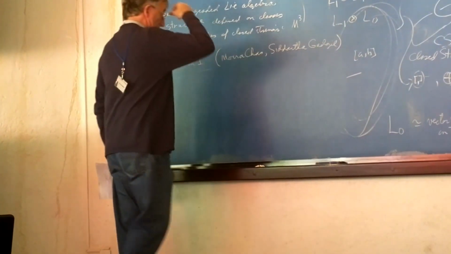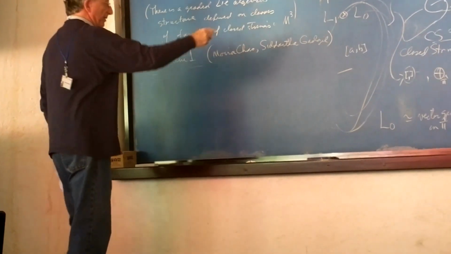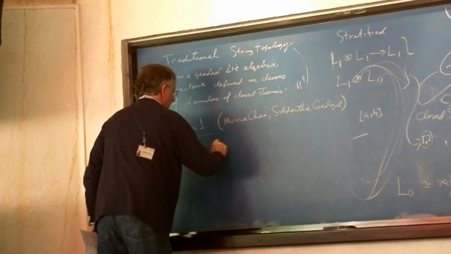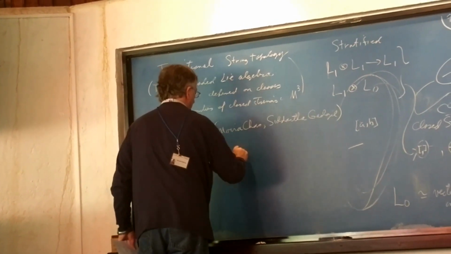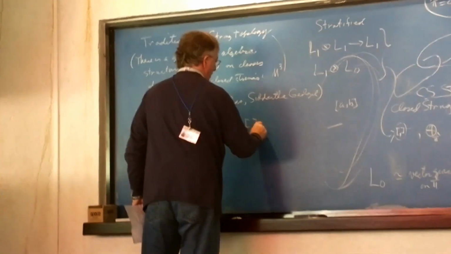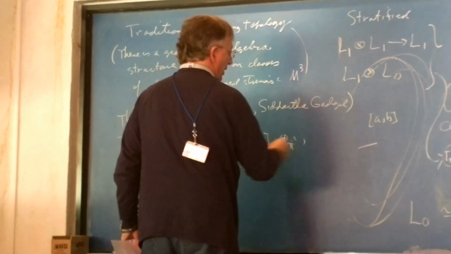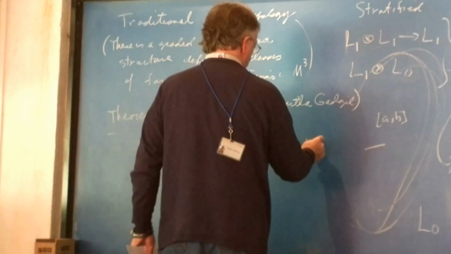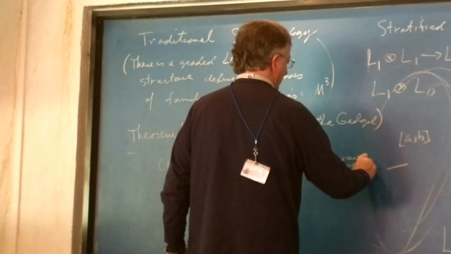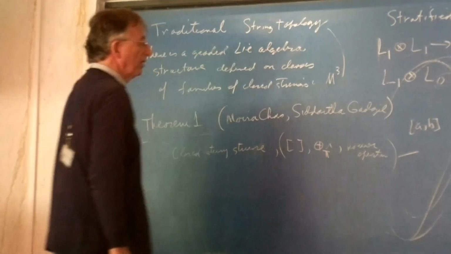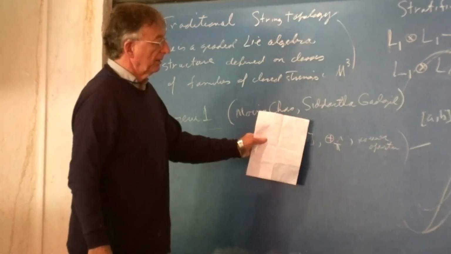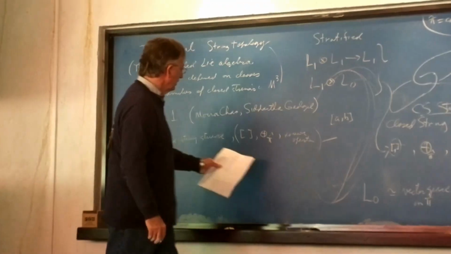It says that the closed string structure, the bracket, the direct sum decomposition over pi hat, and the power operations, so this is what I mean by a softening of pi 1, plus finite grade information.